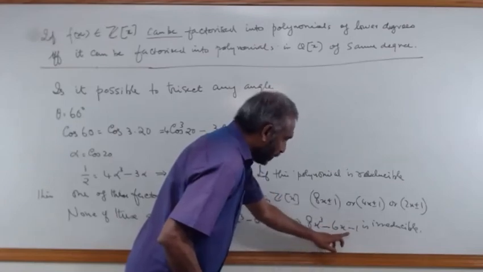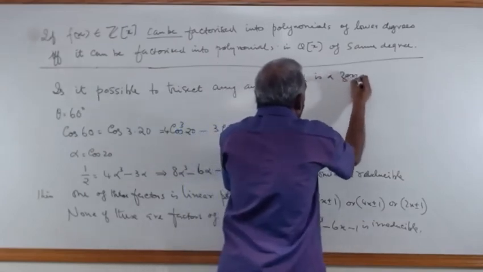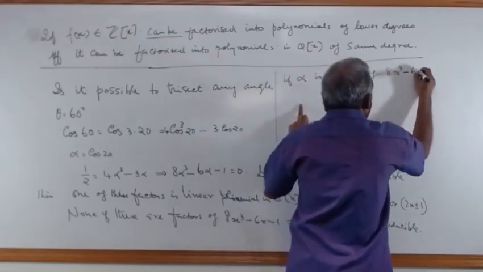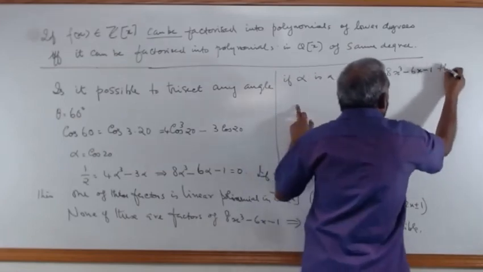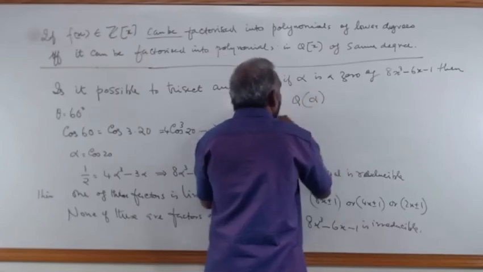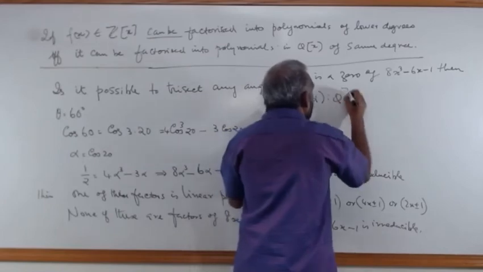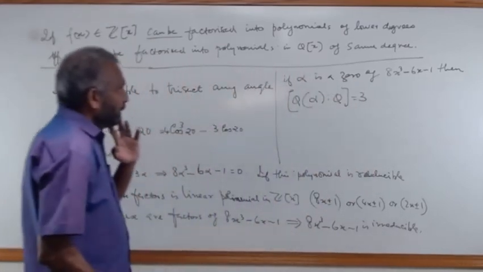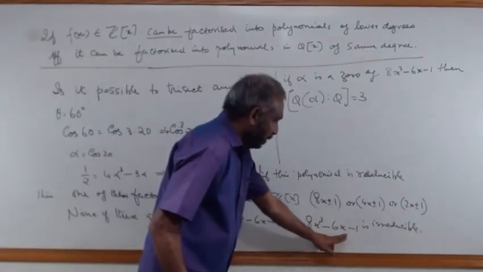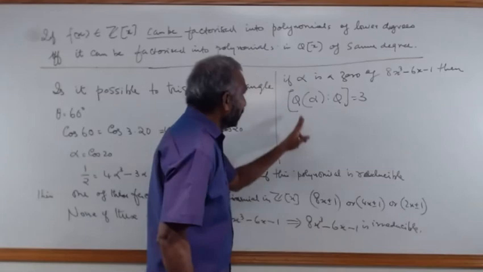So if alpha is a zero of 8x cube minus 6x minus 1, then the degree of Q of alpha over Q is equal to 3, because this is an irreducible polynomial for which alpha is 0 and its degree is 3.